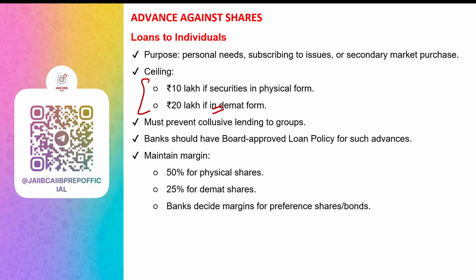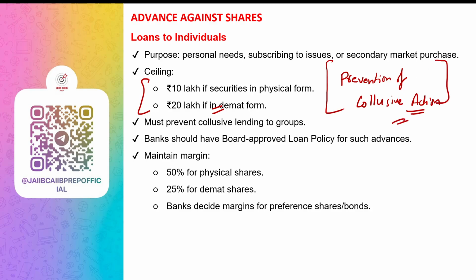You should prevent collusive action as well. Basically, these loans should not be misused by a group of individuals linked to corporates to artificially inflate or support the prices of a particular share.